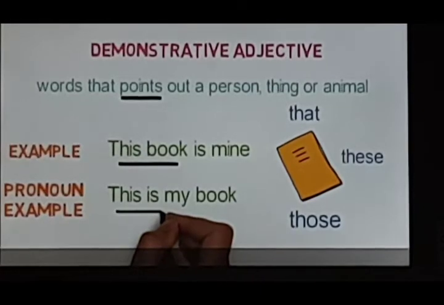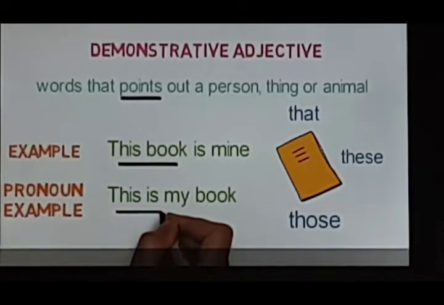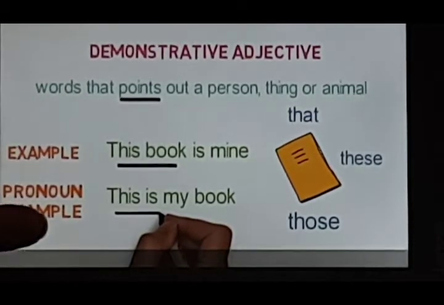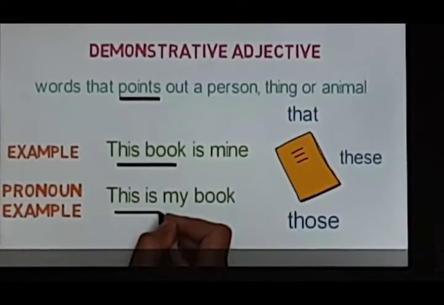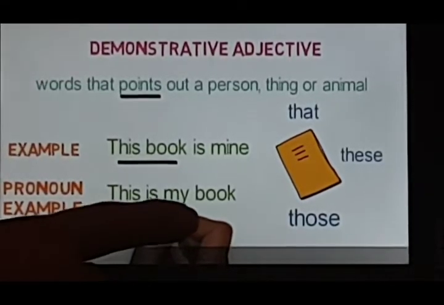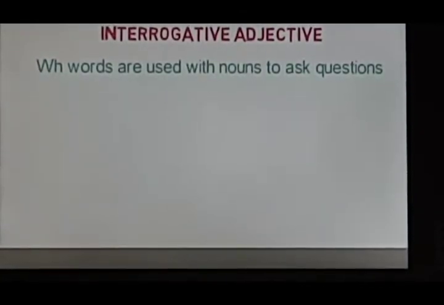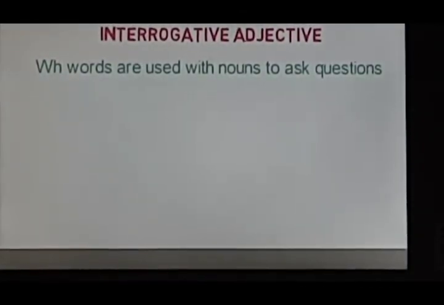Like in the example this book, here it is used just before the noun it is modifying, so it is a demonstrative adjective. And in the next example, the pronoun example, it is used just before the verb, so it is a demonstrative pronoun. Now coming to the next kind, interrogative adjective.